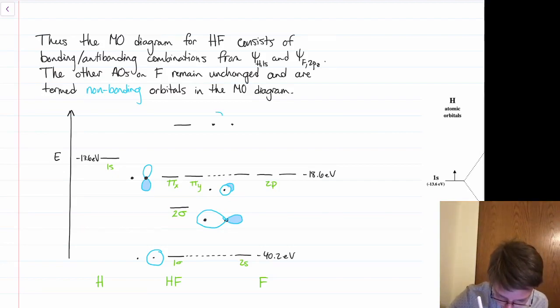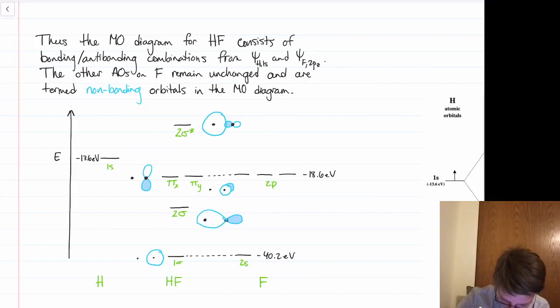So I'm going to attempt to draw the hydrogen part very large and my fluorine p orbital very small in order to exaggerate but show what this combination looks like. And we can label this as an antibonding orbital.